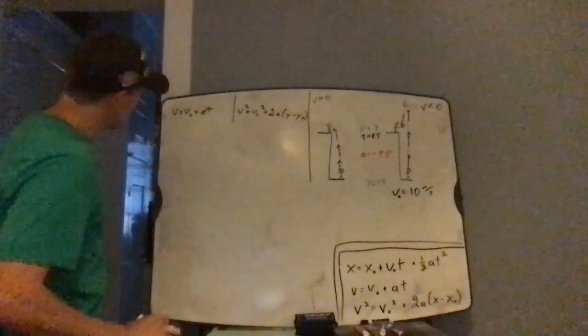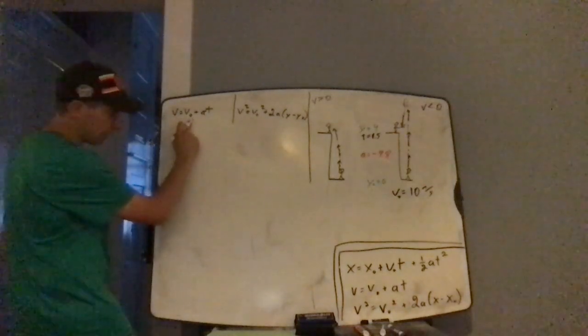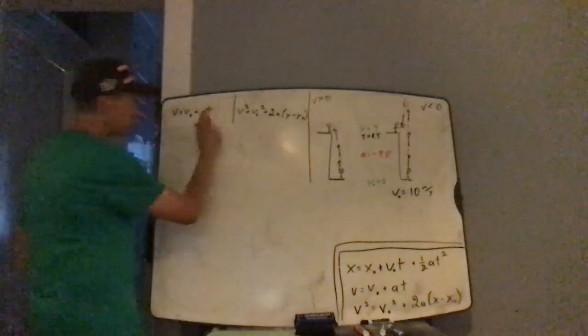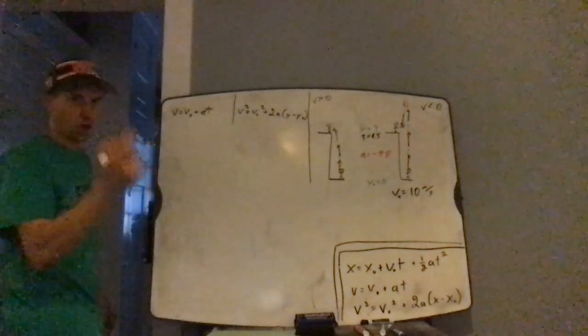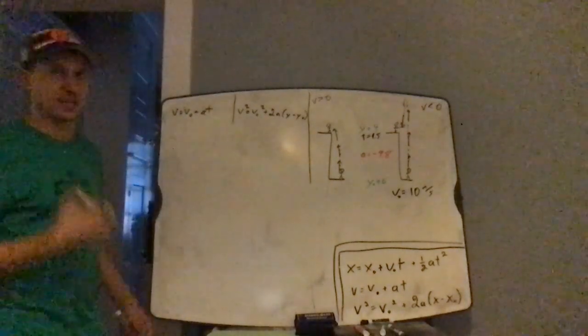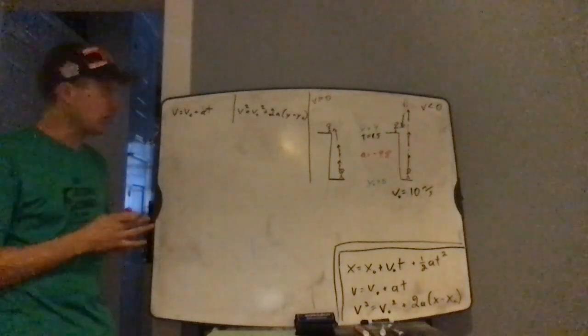I could next go through this equation. Do I know the initial velocity at which the keys are thrown? Do I know the acceleration of the keys? Do I know the time at which the keys are caught? I know all three of these terms, so I could plug numbers in and just get an answer for the final velocity, and that's great.